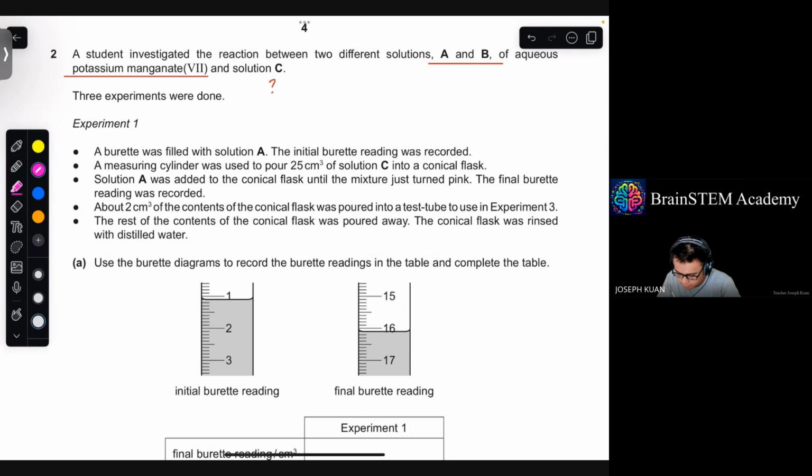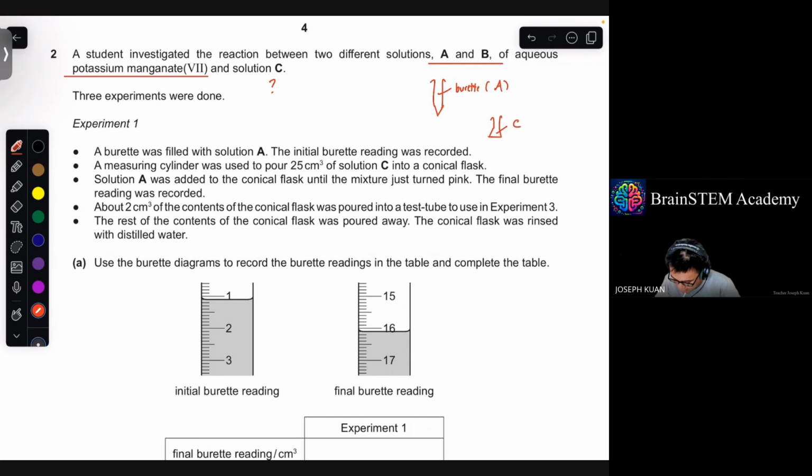Experiment 1, a burette was filled with solution A. The initial burette reading was recorded. A measuring cylinder was used to pour 25 cm³ of solution C into a conical flask. So you have a conical flask, and that contains C.